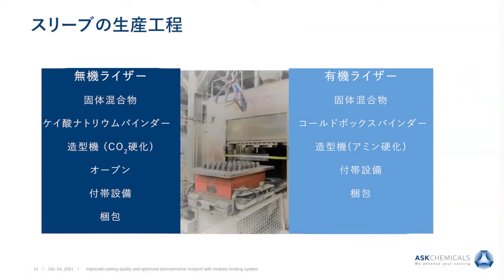The big difference is the oven, because the CO2 allows only pre-curing. So the final curing is done in a drying oven, and after the drying oven, the riser has its final strength. After this, the accessories needed for the riser, like breaker cores, metal tubes, or things like this, are implemented. And after this, the risers go to packaging.